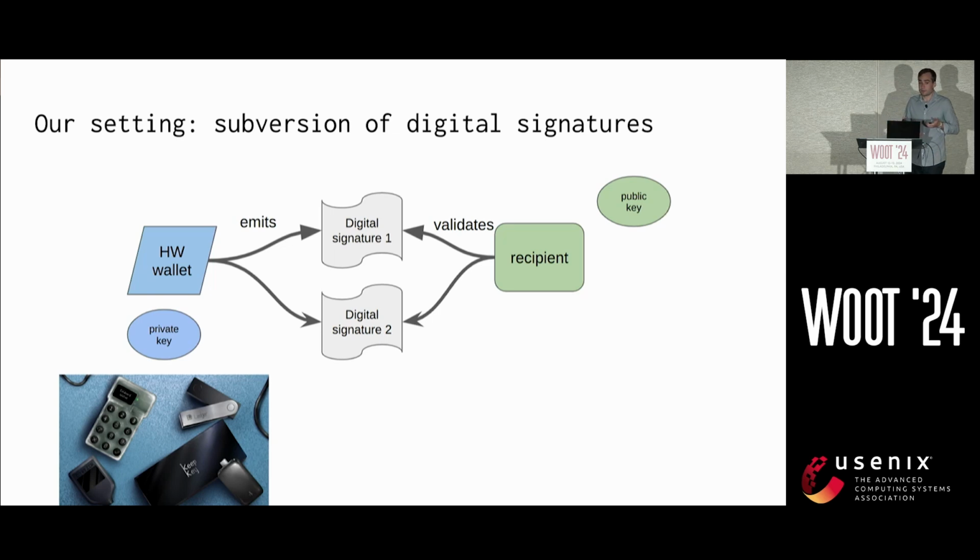Those signatures are typically public, publicly verifiable. And that allows some recipients, some receivers, to transfer trust from the public key that they trust into a message that is signed with the corresponding private key, right? So that's what a signature scheme does. So far, so good, right?